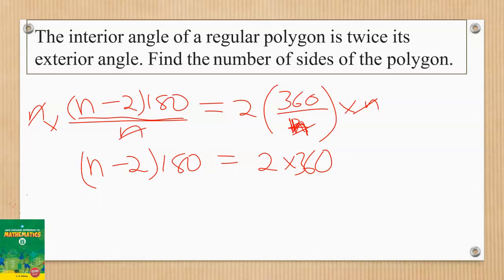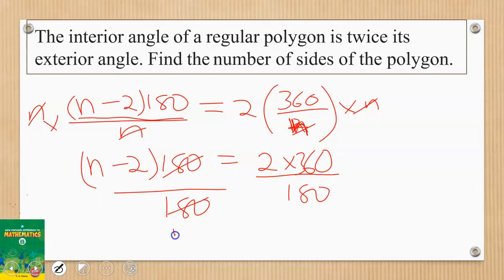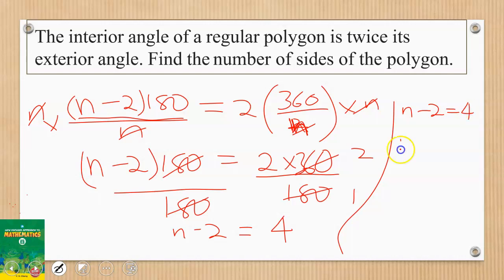From here, I can divide both sides by 180, and that is easy to do. So that when this cancels, I have my n minus 2 left on the left hand side. And here 180 divides itself as 1 and divides 360 as 2. 2 times 2 will give me 4 here as well. So now to make n the subject, I just group like terms. n is equal to 4 plus 2. So our n becomes 6. That means the polygon we are talking about here is a hexagon, or a 6-sided figure.